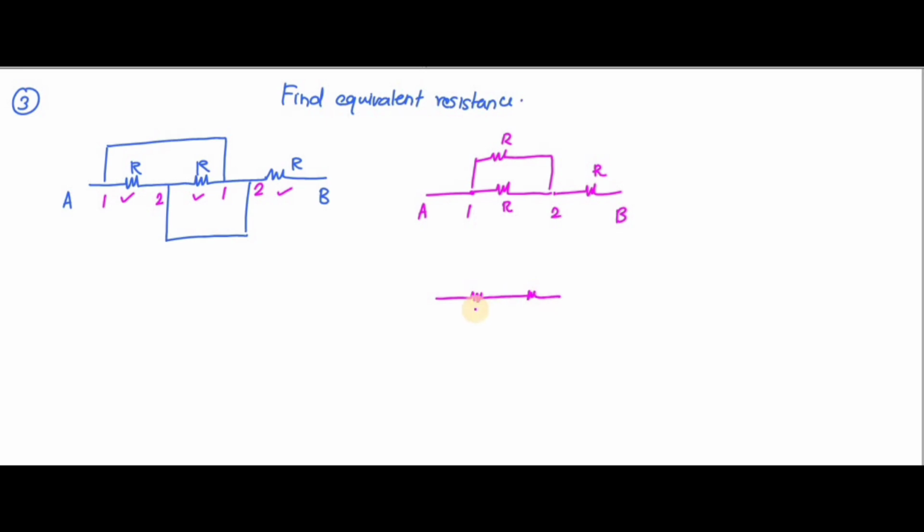This is R, so A and B. Since these R by 2 and R are in series, I can write R equivalent is equal to R plus R by 2. So what is R plus R by 2? That is 2R plus R divided by 2, right? So that is equal to 3R by 2.